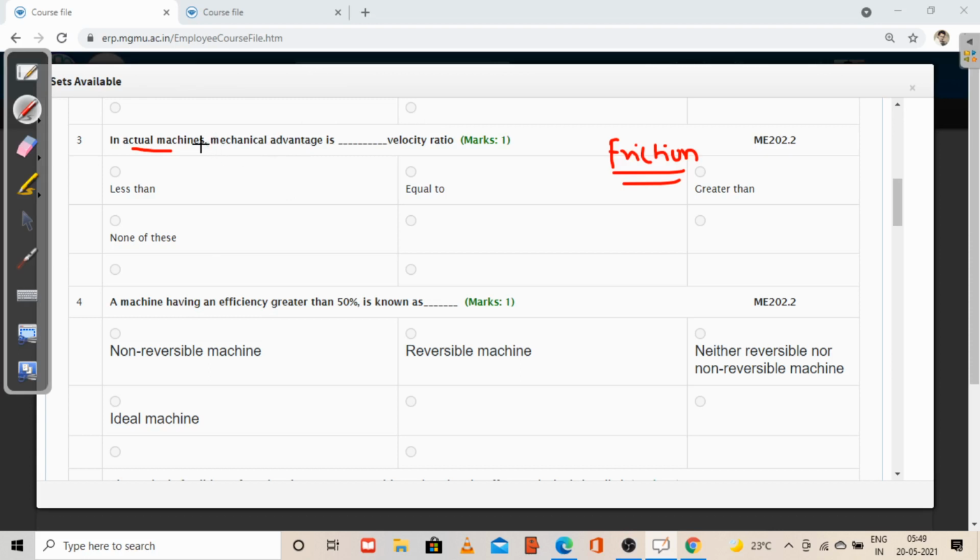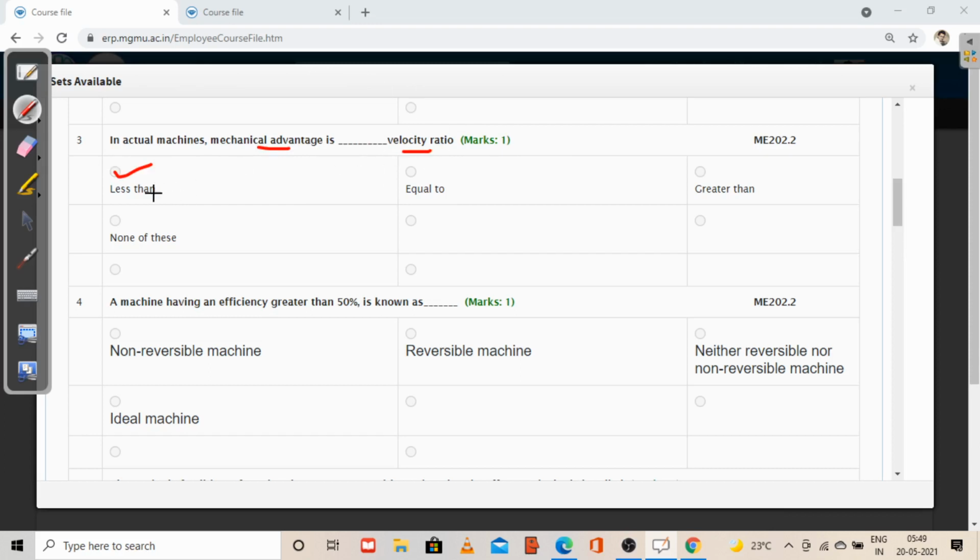Okay, so for ideal machine, mechanical advantage is equal to velocity ratio. But what about actual machine? In actual machine, as efficiency is less than 100% and friction is there, so mechanical advantage will always be less than velocity ratio.